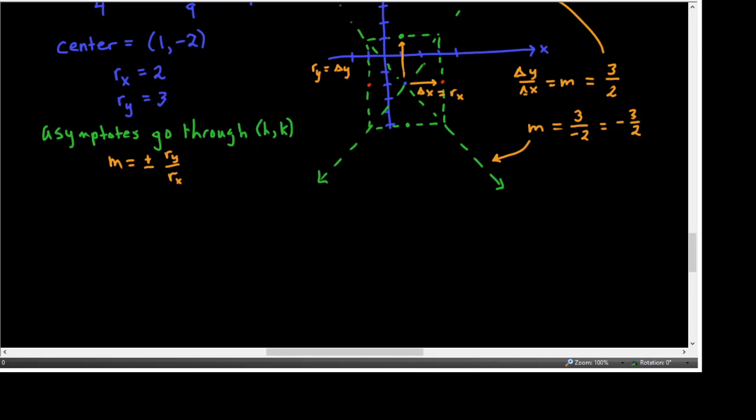the equation of a line through point x sub 1, y sub 1 with slope m will be y minus y sub 1 equals m times x minus x sub 1. So in general, for all hyperbolas, the asymptotes will always pass through the center and will always have slope r sub y over r sub x and its opposite.